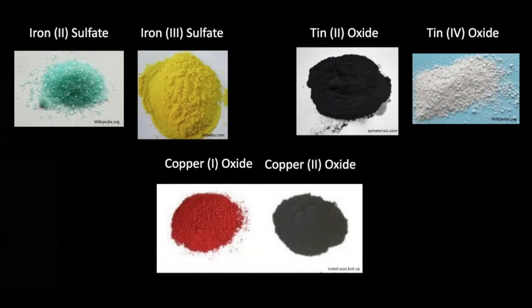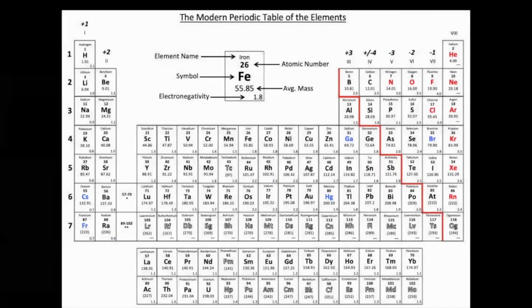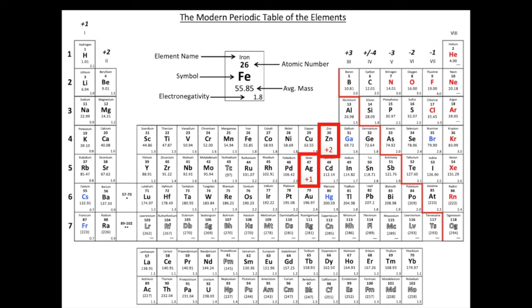Now, before we start, we need to look at a few exceptions to our transition metals rule when it comes to using Roman numerals. Even though they are both situated in the transition metals area, silver and zinc both only have one charge. Silver is always +1 and zinc is always +2.